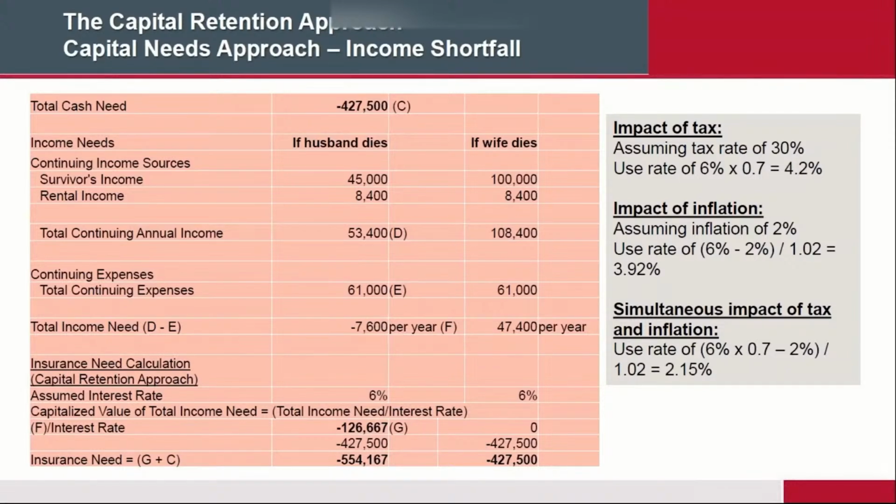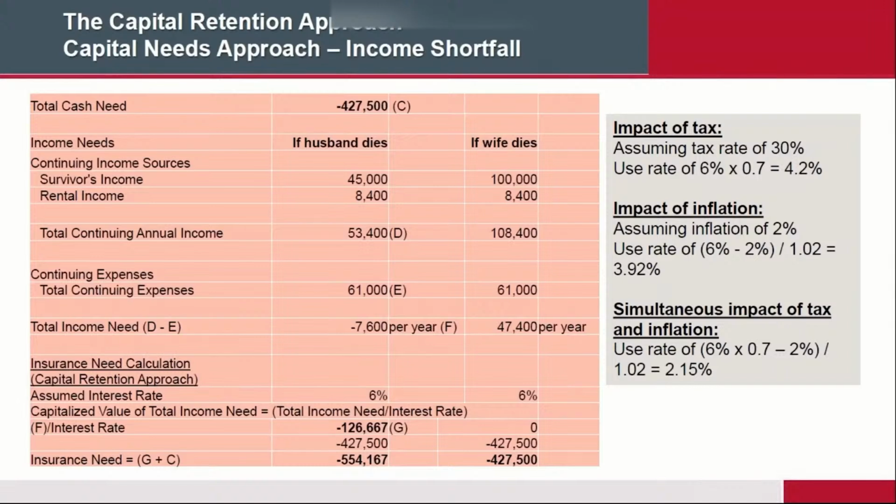So you take your 6%, and you divide that into your $7,600, and you discover that it would be $126,667. In other words, the capitalized value of your total income need, which is $7,600, divided by the interest rate, which in this case is 6%, is $126,667.